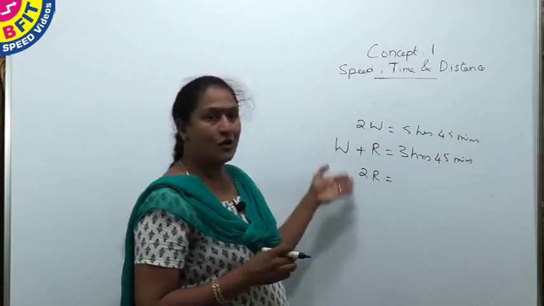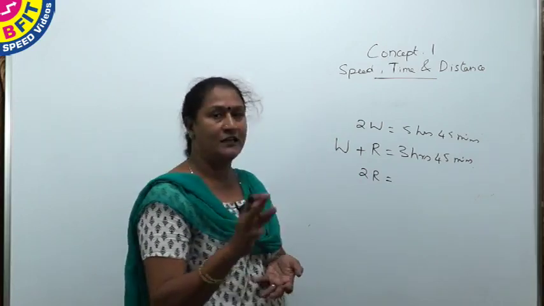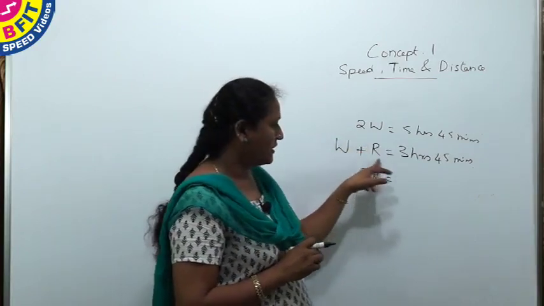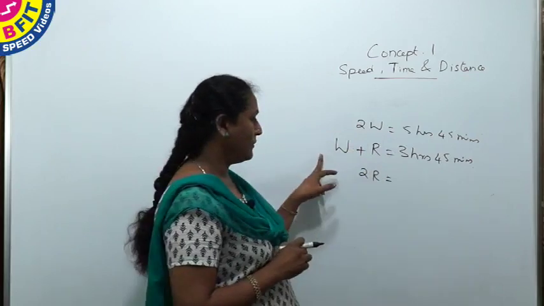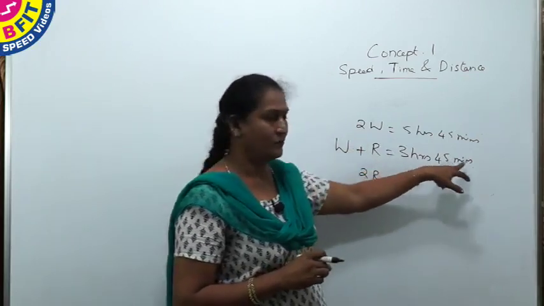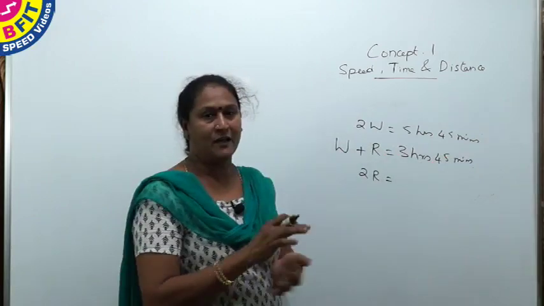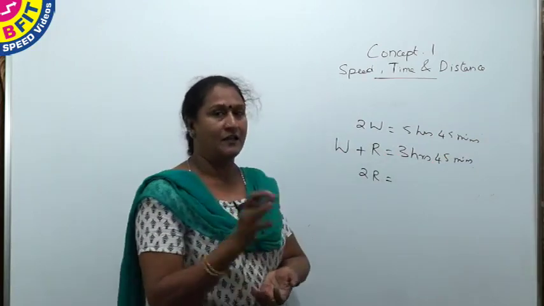So you can solve this like solving a linear equation. Say you have 2W, multiplying this equation throughout, you get 2W plus 2R into 2, and then when you cancel, you get the time taken when he rides both ways.